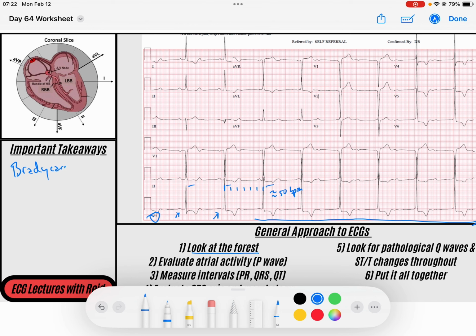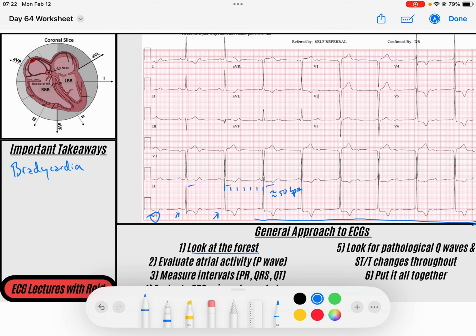Whenever we see a bradycardia, what do we think could be going on? Well, we know bradycardias are caused by either sinus bradycardia, it could be a junctional bradycardia, it could be a type of heart block. So there's plenty of reasons why we could have a slow rhythm here, and we need to work through that as we go through this ECG.